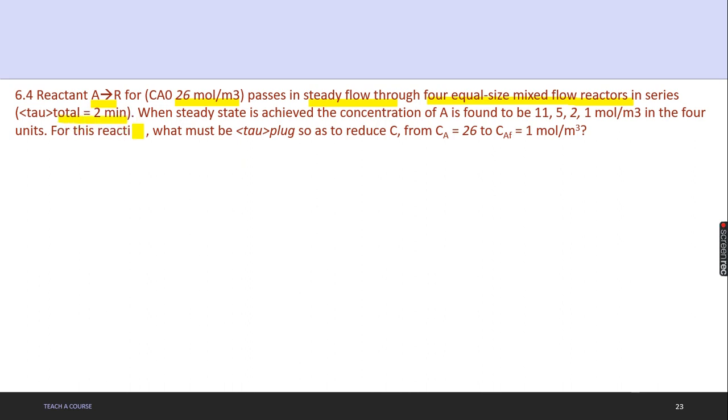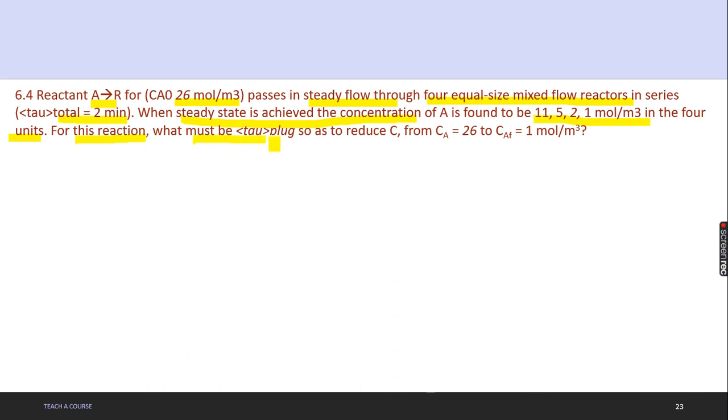Total tau 2 minutes means we know for any individual one what the tau will be, so it's 1/4, because n tau is 2 minutes. When the steady state is achieved, the concentration of A is found to be 11, 5, 2, 1 mole per meter cube in the 4 units, so we know the concentrations for this reaction. We don't know what kind of reaction it is, we don't know the order.